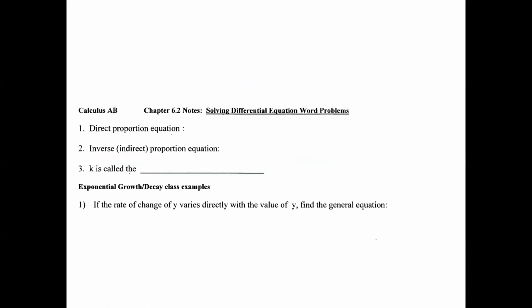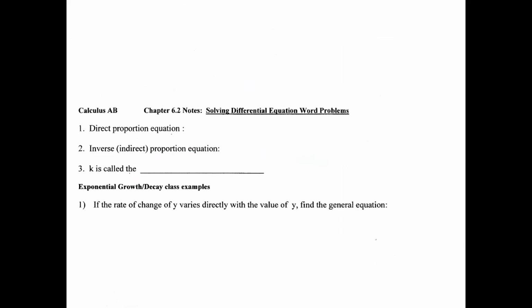All right, go ahead and read the 3 different steps right there and also the 4 different examples. All right, let's go ahead and get started right here.